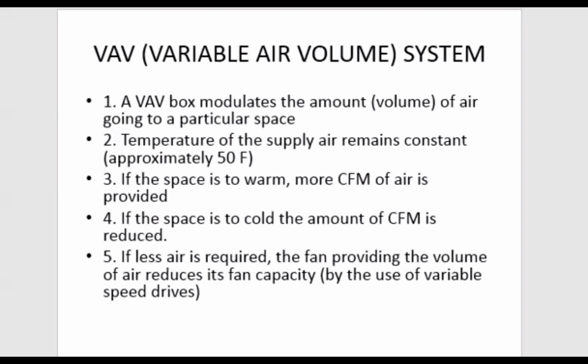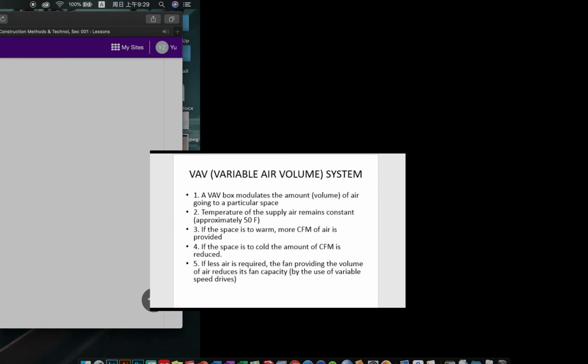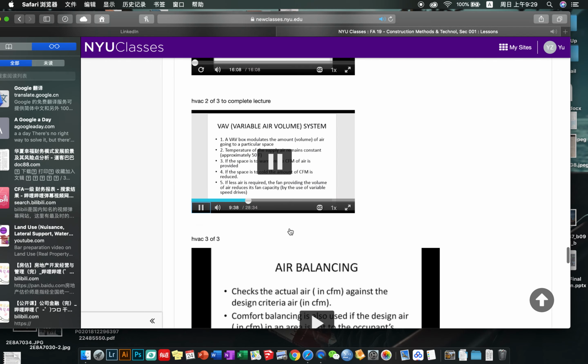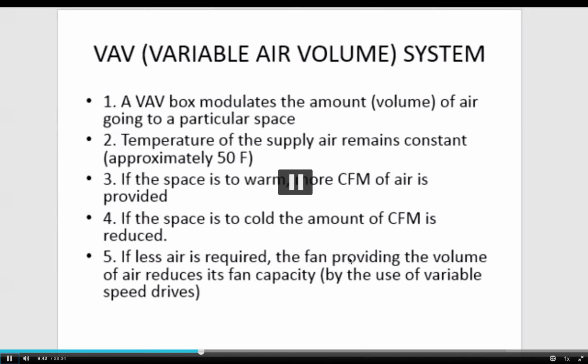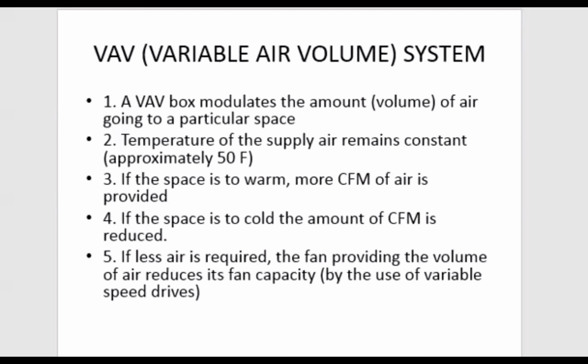So your system would open up the ducts so that it's pouring in a lot of air. As it gets closer to the desired temperature and cooling off the room, and the thermostat gets close to your target temperature, it will start reducing the amount of air coming through to the point that it's in a maintenance mode, where just enough air is coming through to maintain that selected temperature. All right, so the volume of the air is what changes coming through.